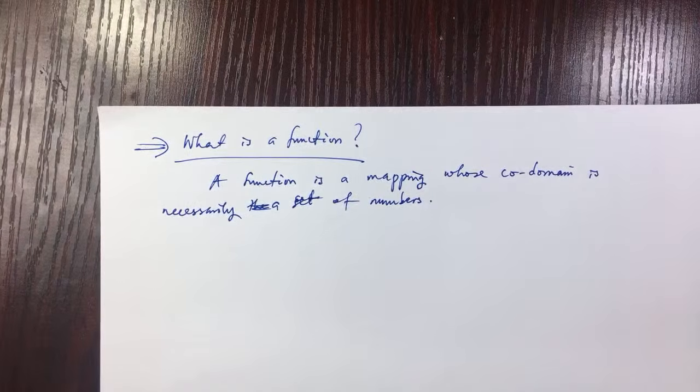But if a mapping is to be called a function, necessarily the codomain must not contain abstract elements. The codomain must rather contain necessarily a set of numbers. It must contain numbers. Okay? Now, what does this mean?